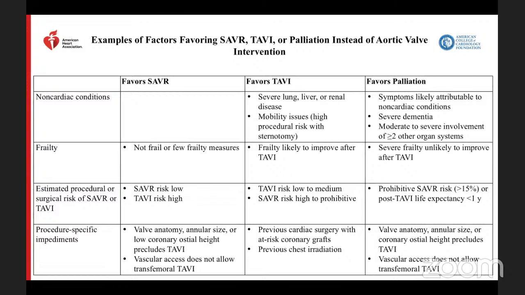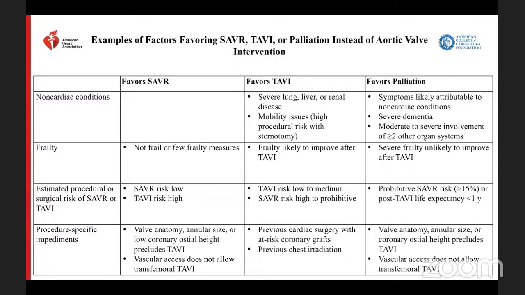A patient who has no frailty or few frailty measurements will be in favor of surgical AVR. If frailty is likely to improve after TAVI, the patient will be favored to go for TAVI. Severe frailty unlikely to improve after TAVI favors palliative therapy.